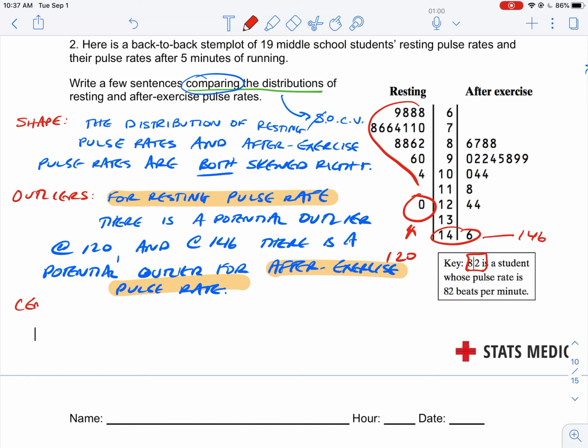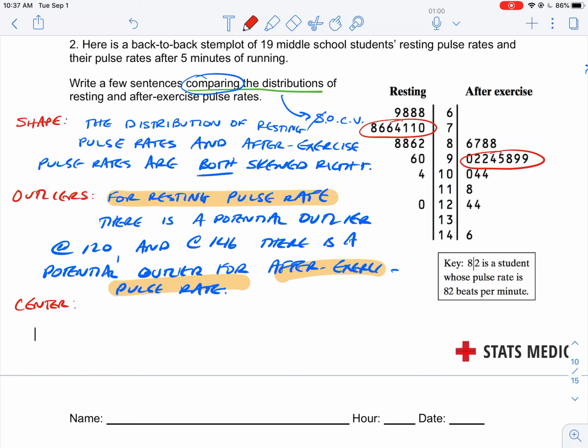Center. When I'm comparing the center, now, center is the mean or the median, and when I'm considering center, I am considering where's the bulk of the data. So for my resting heart rate, it appears to be about right here, and for my after exercise, it appears to be right here. Well, what can I say if I'm comparing these two distributions? What I want to say is that one is higher than the other. So the center, comparative language, right?